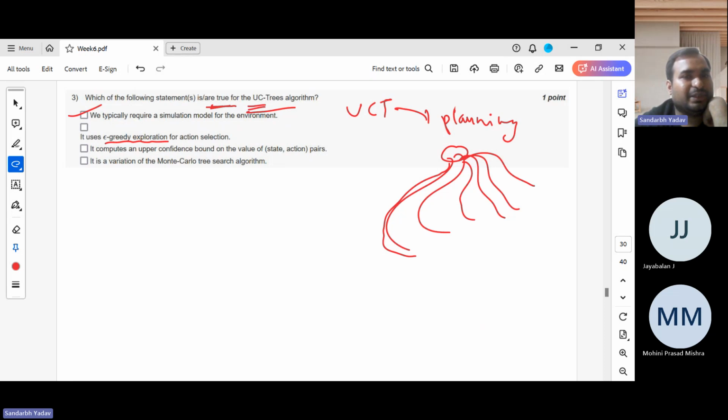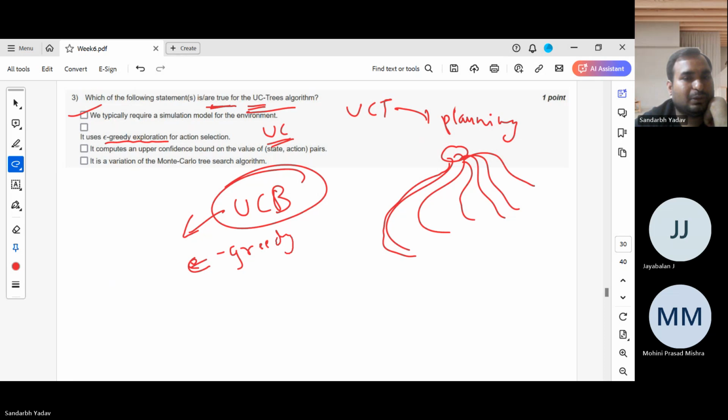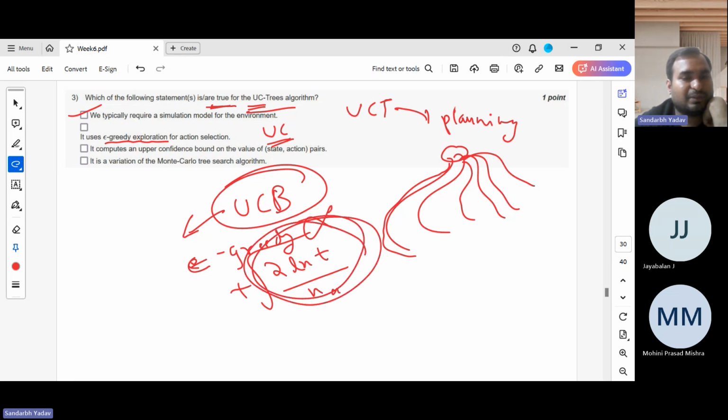What does this UC mean? UC means upper confidence, which is based on UCB, right? In UCB, were we doing an epsilon greedy kind of thing? No, right? Because in UCB, there was a term, you remember, 2 ln t upon maybe the number of times that arm was sampled. So this term was ensuring exploration.